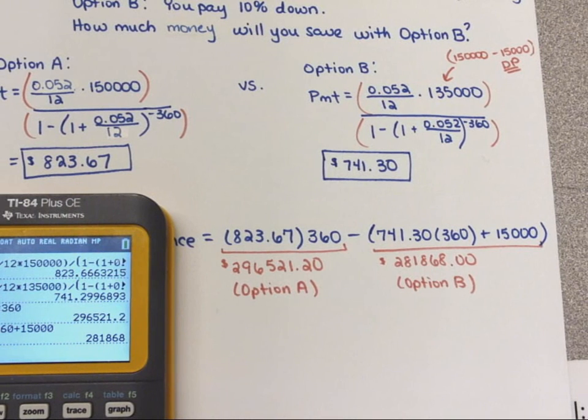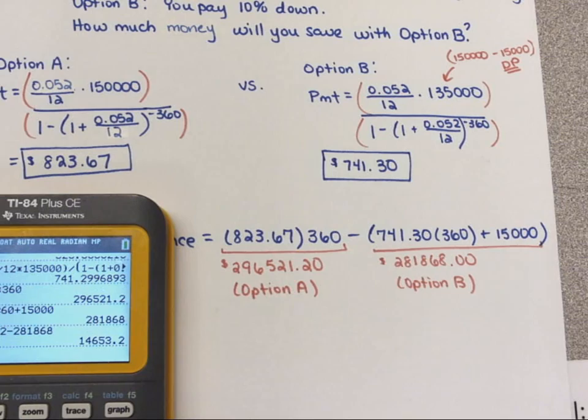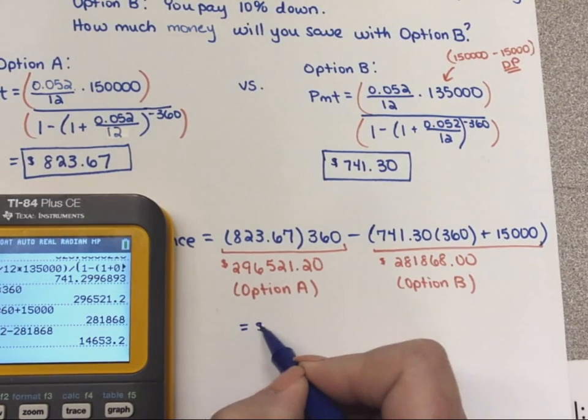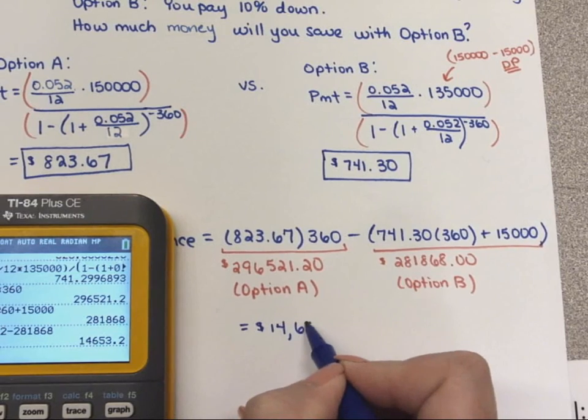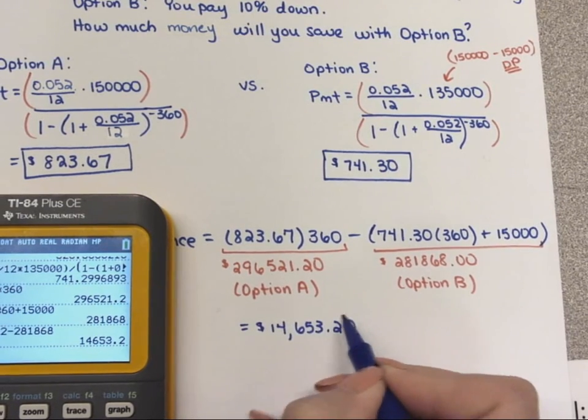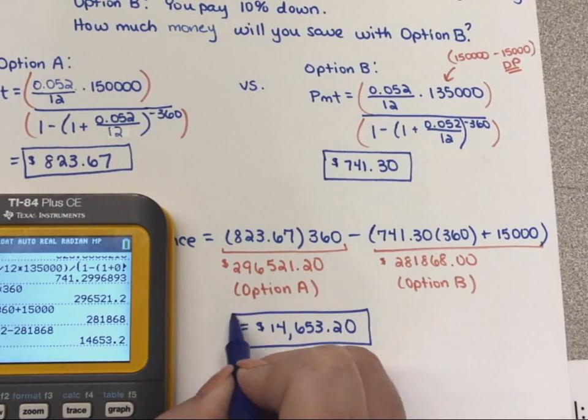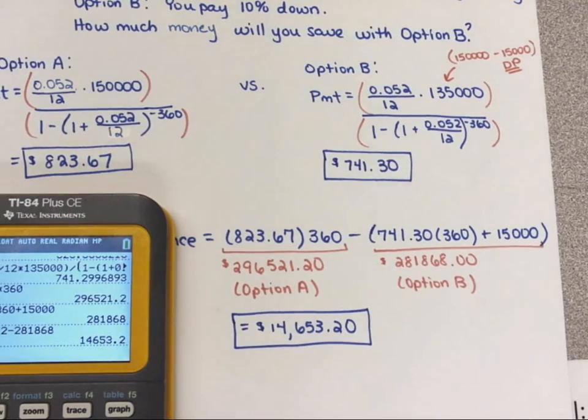So we would take the $296,521.20 minus the $281,868. Okay, and so the difference is $14,653.20. Okay, that's the true difference in how much they paid more for option A than they did option B.